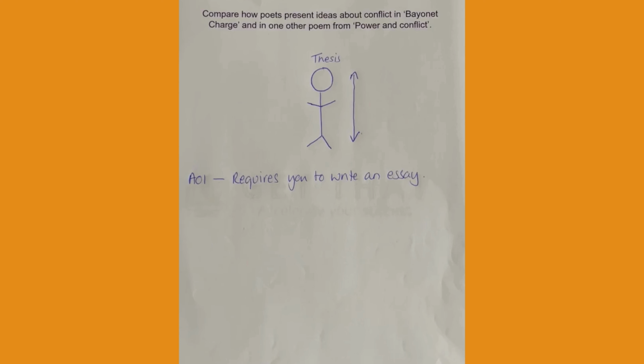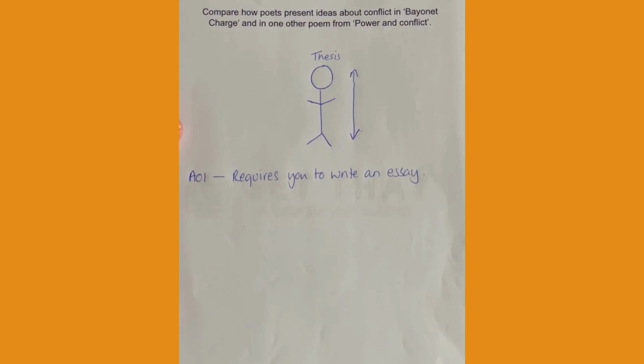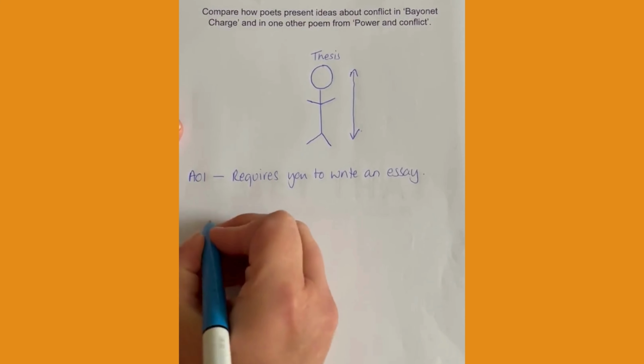So, following our plan, we identified that both poets suggest that war is pointless and negative, but they use very different methods to do this. We are going to essentially use that as our thesis statement. However, when we say war is pointless and negative, we are going to need to put some more meat on the bones around negative. So we are going to look at the fact that they affect you both mentally and physically.